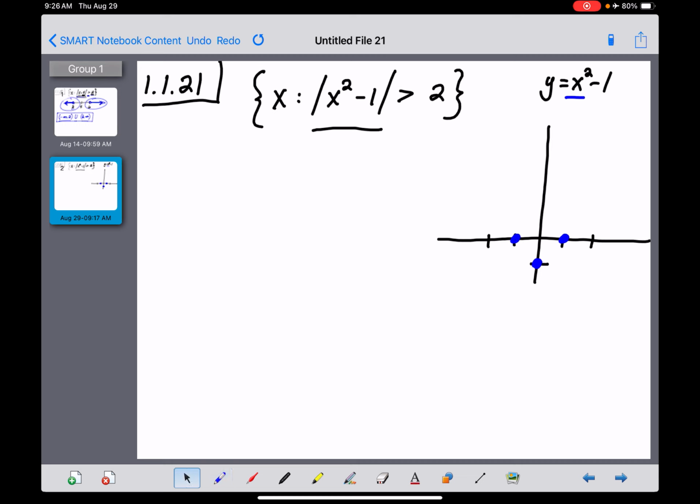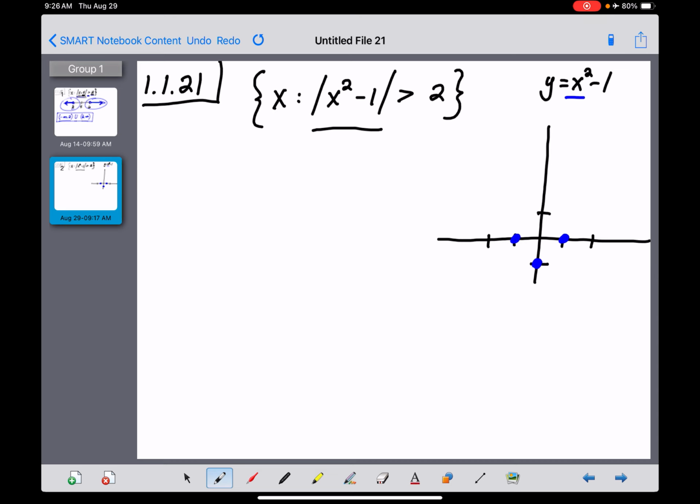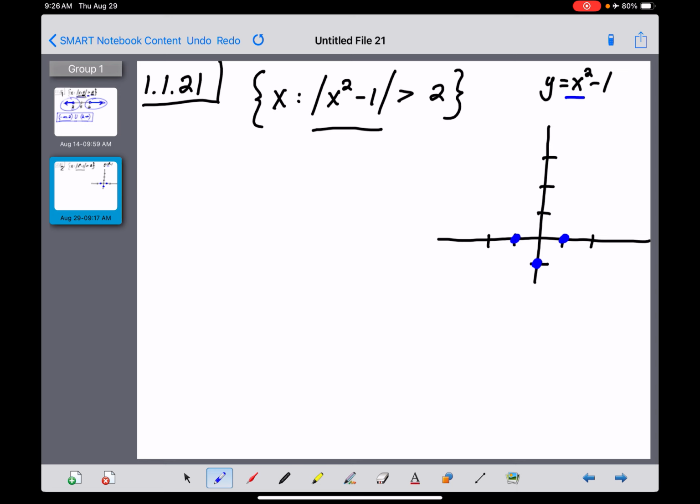When we go right 2 units from the vertex, we are going to go up 4 units, because 2 squared is 4. From the vertex right 2 would get me here, but then up 1, 2, 3, 4, we get a point right here. And again, symmetry with respect to the y-axis.